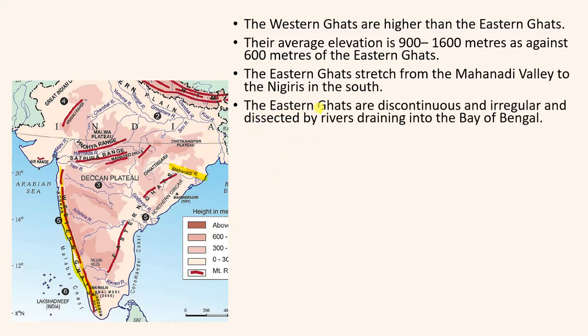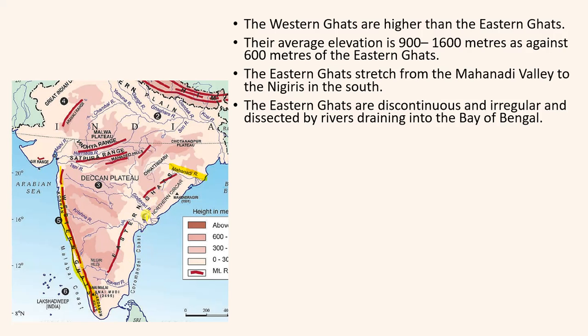The Eastern Ghats are discontinuous and irregular, dissected by rivers draining into the Bay of Bengal. If you see in this map, these lines are showing the rivers originating from the Western Ghats and moving toward the east to meet the Bay of Bengal.